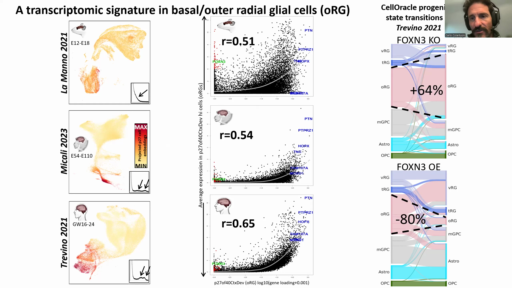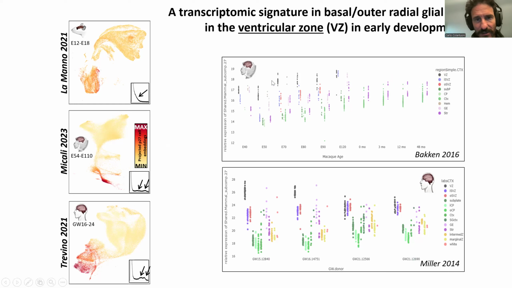Now, just like we looked at the general early radial glial pattern in lots of other data sets to understand what it was, we're going to do the same with this outer radial glial pattern. This is those same two laser microdissection microarray studies we looked at earlier. And again, the black is ventricular zone here.